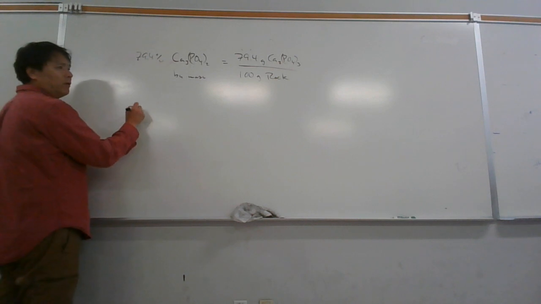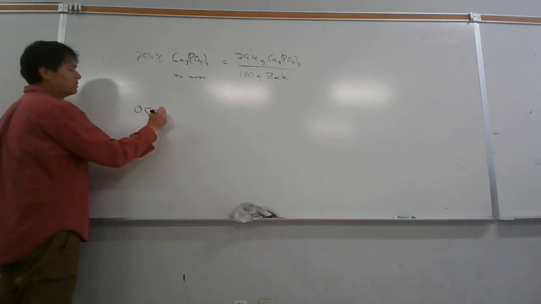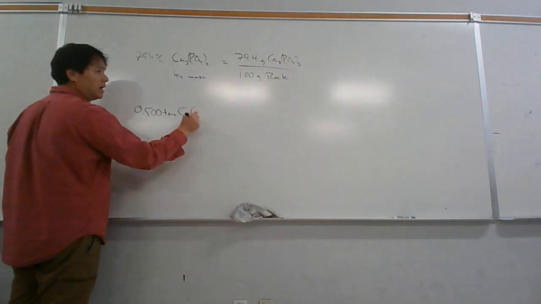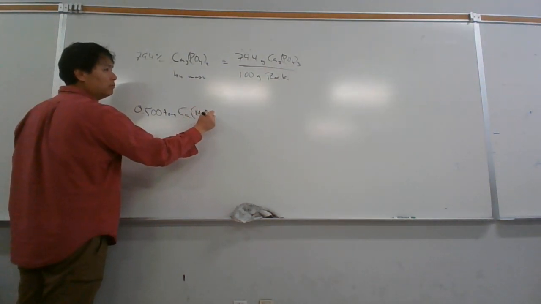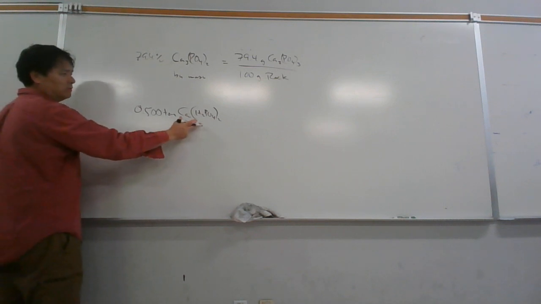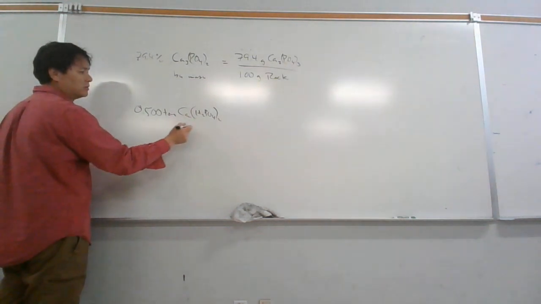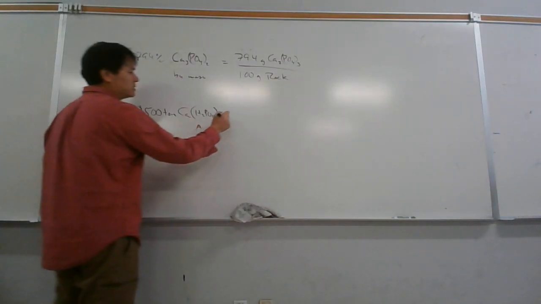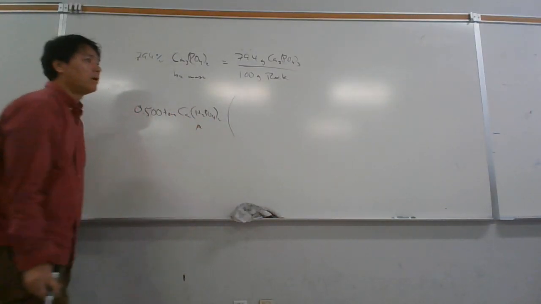And so we have 0.500 tons of fertilizer. The fertilizer is superphosphate, which has the formula Ca(H2PO4)2. So we want 0.500 tons of this pure substance. So this is going to be our A. So we're going to go from tons to what?